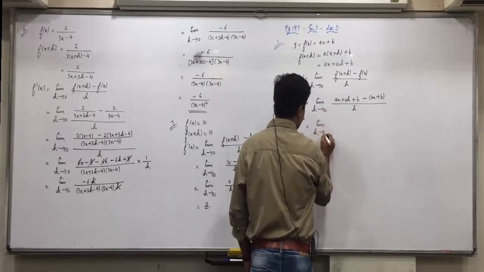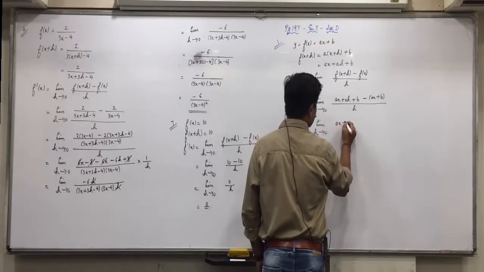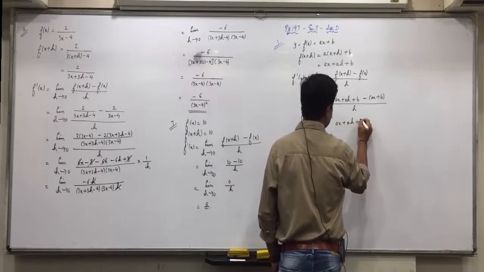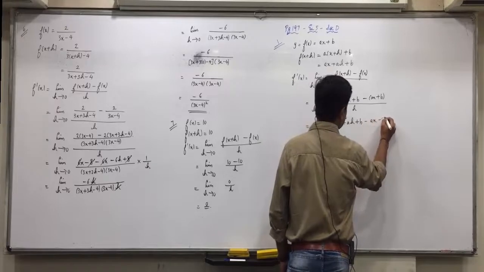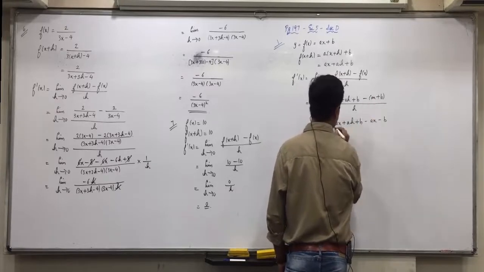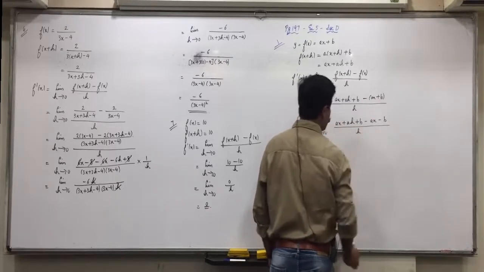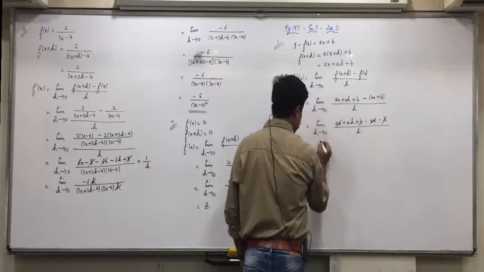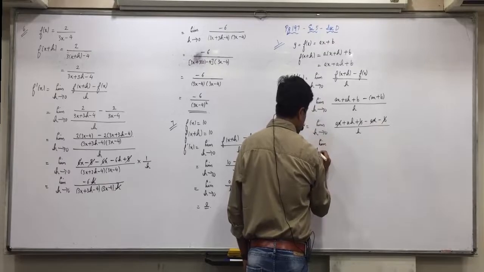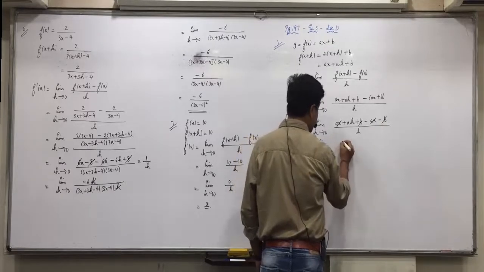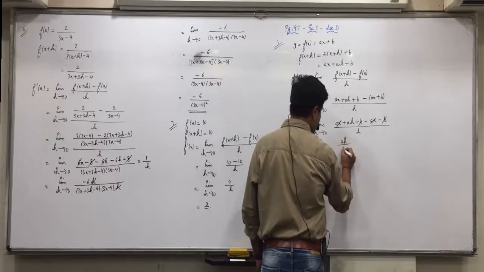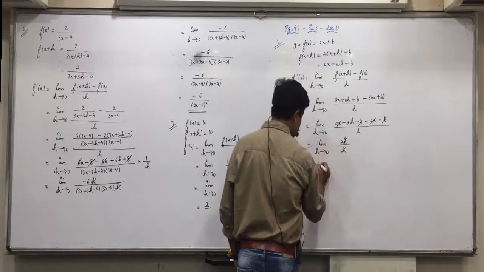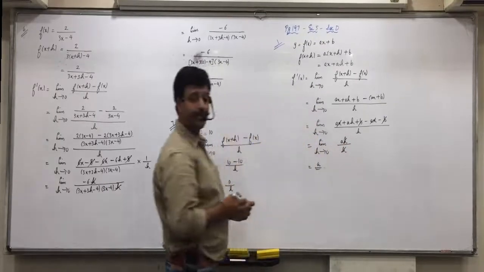Now if you open the brackets, ax plus ah plus b minus ax minus b, minus into plus will become minus. ax minus ax cancel, b minus b cancel. So limit h tends to 0, ah upon h, h cancel, final answer is simply a.